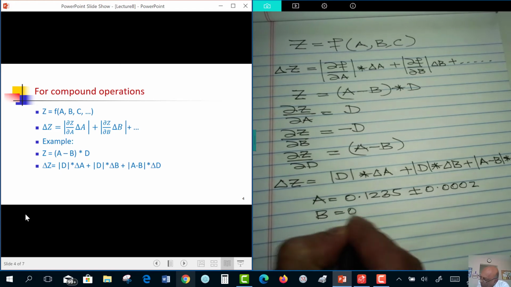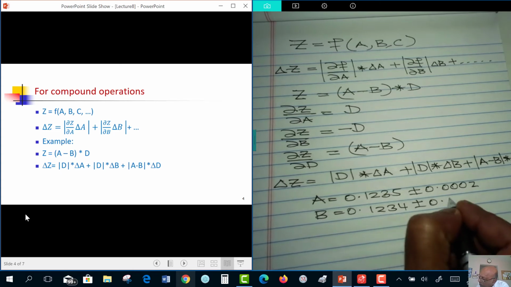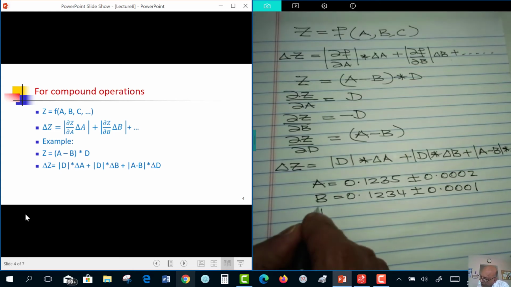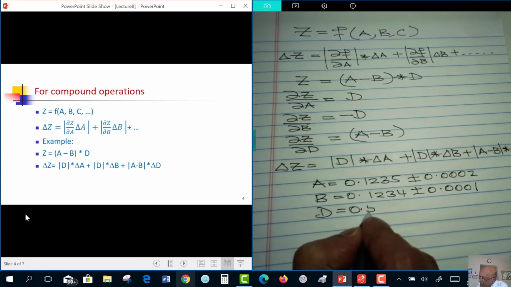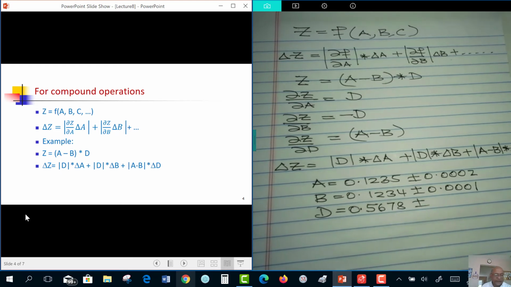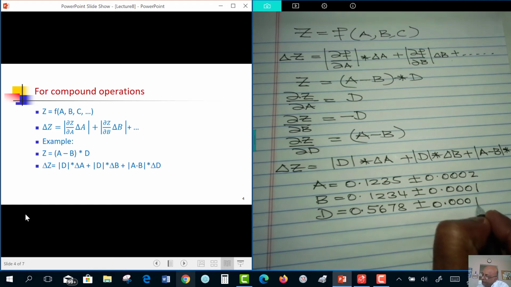B is 0.1234 plus minus 0.0001. And let's choose D. I'm going to choose D as 0.5678 plus minus, let's choose this to be 0.0012.